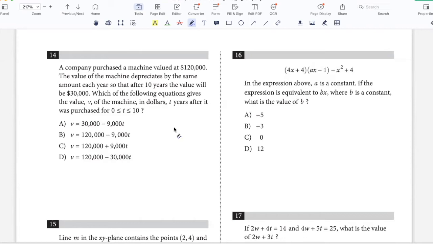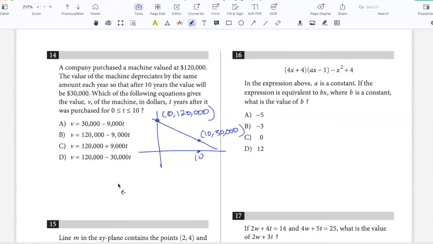Okay, so it depreciates from 120,000. So my y-intercept is 120,000. And over 10 years, the value will be 30,000. Okay, so how much does it depreciate? So let's say this is 10 and this is going to be 10 comma 30,000.